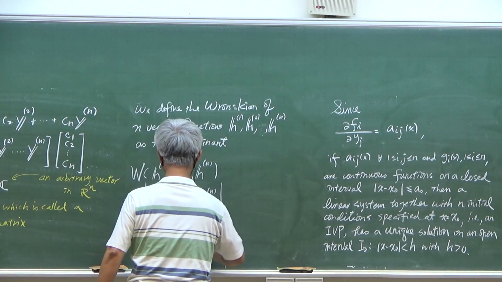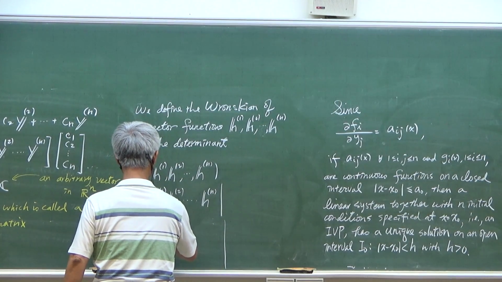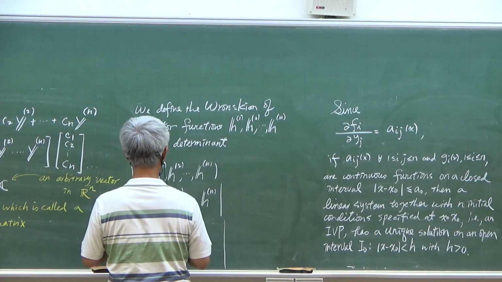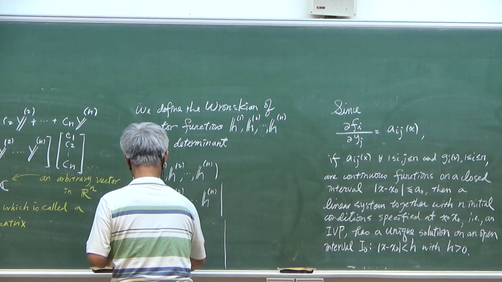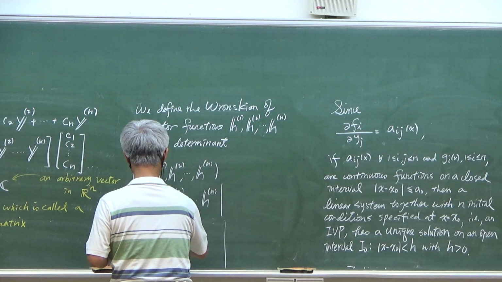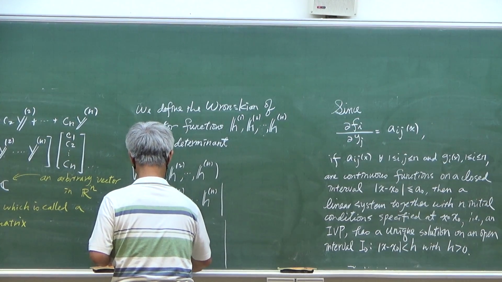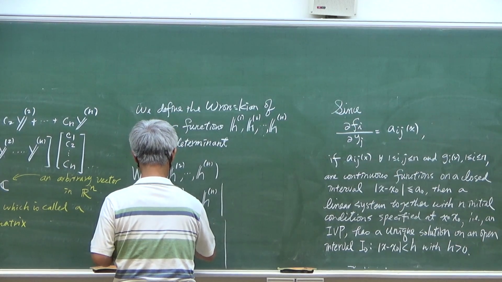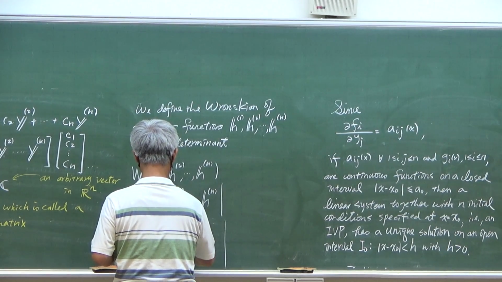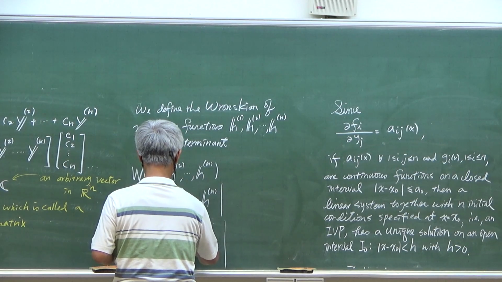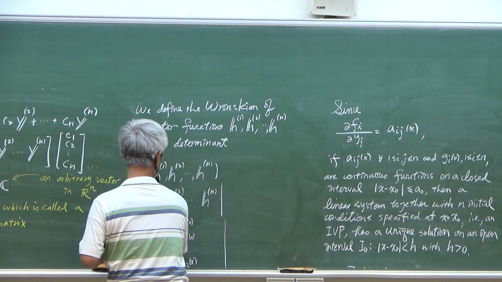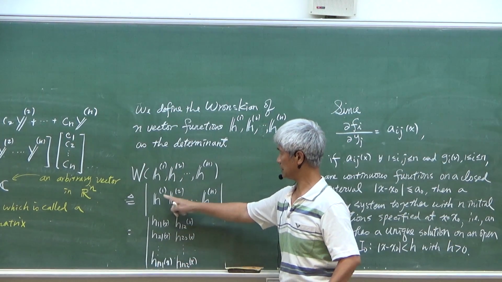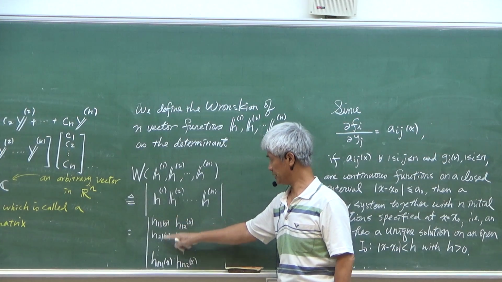So you write the column vector explicitly.